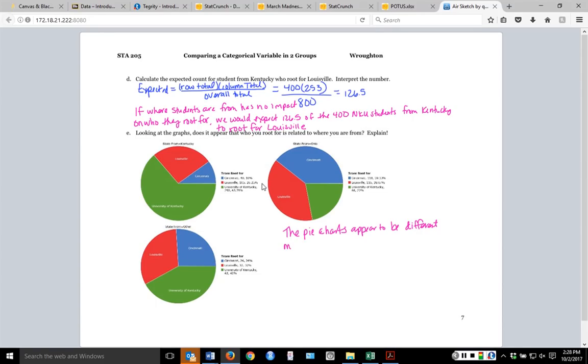So let's see, more than 60% of those from Kentucky root for UK, while only 22% of those from Ohio do.